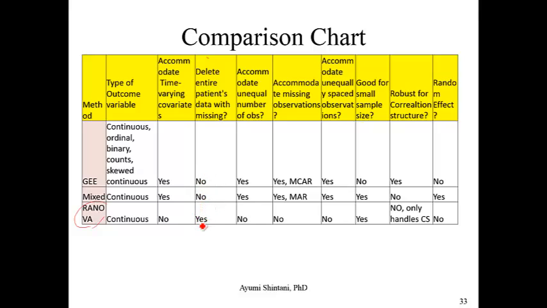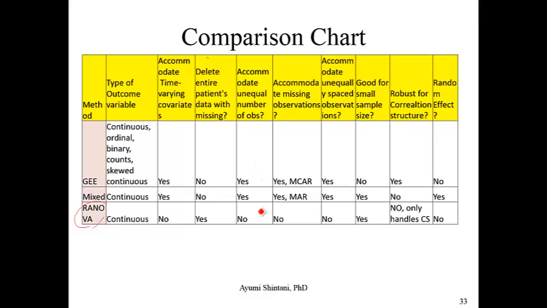But RANOVA uses horizontally entered data, so if one observation is missing, an entire row of data would be deleted. So the entire data for the patient would be deleted. In GEE and the mixed effect model, since they take longitudinally formatted data, they accommodate differential numbers of observations between patients. So one patient can have just one observation, and some patients could have 100 observations.